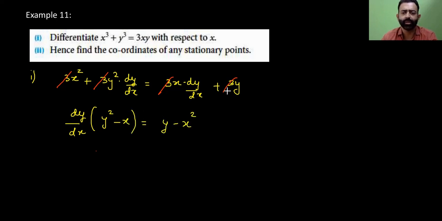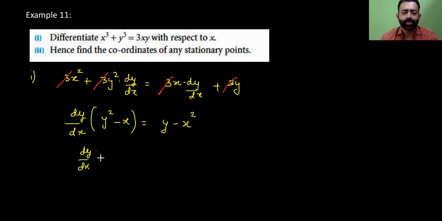You can check it. On the RHS you have y, on the LHS you have x square. Just transfer this x square to the RHS, you will get minus x square, and transfer this dy by dx term to the LHS, you will get y square minus x times dy by dx.